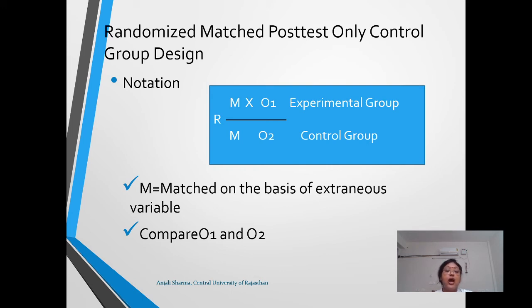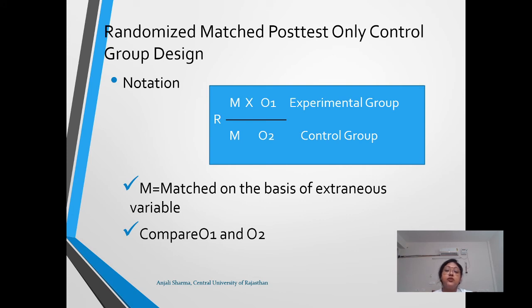How? You make the groups equated, and for that you match both groups. First you give an intelligence test and score it, and where you get the same pair of scores, you assign one to the experimental group and the other to the control group.